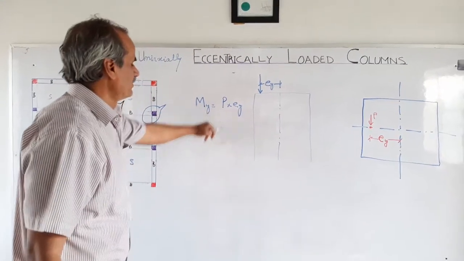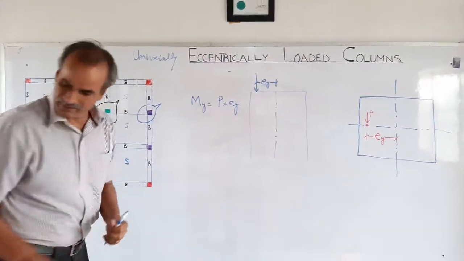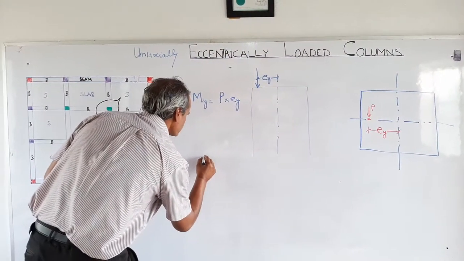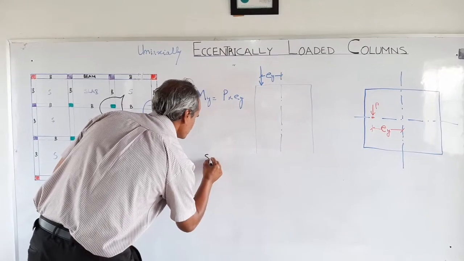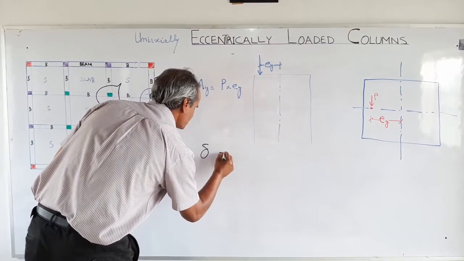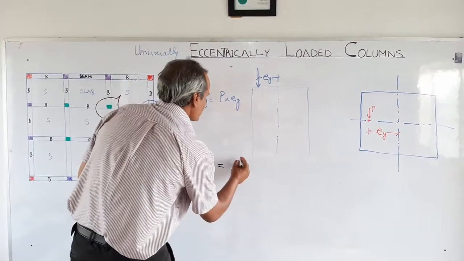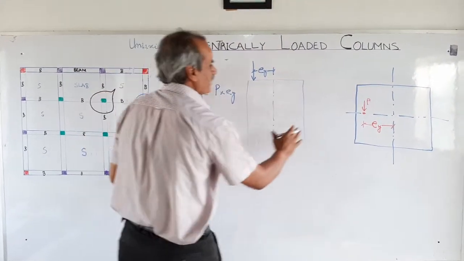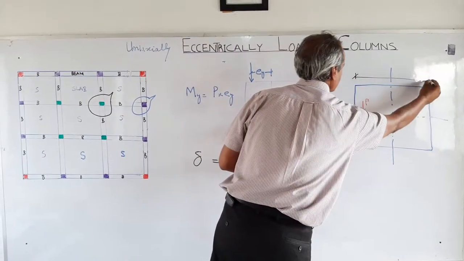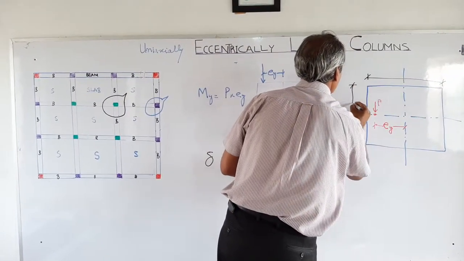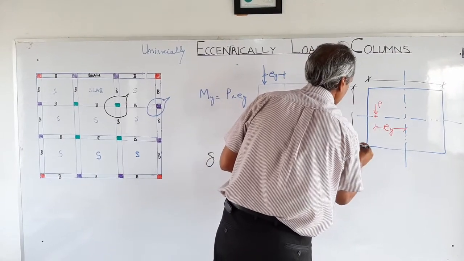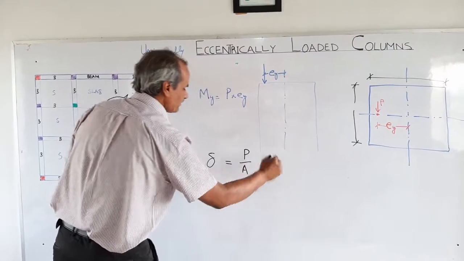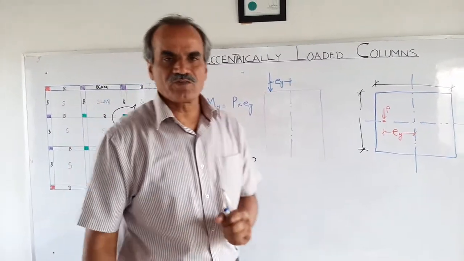So this is the moment, and to find out the stress over here, say, using sigma as the stress symbol, it will have two parts, that is the total load divided by the cross sectional area, this one multiplied by this one, these two dimensions. So P over A shall be the first component of our equation.